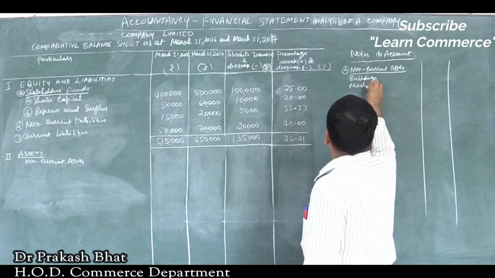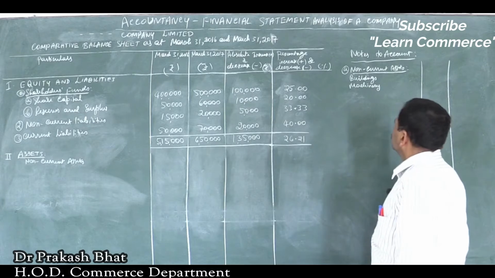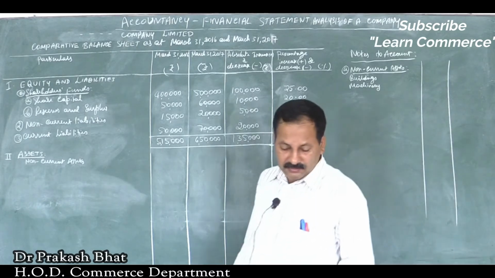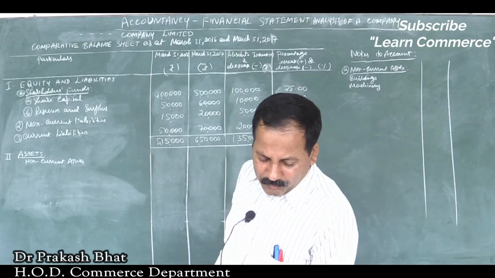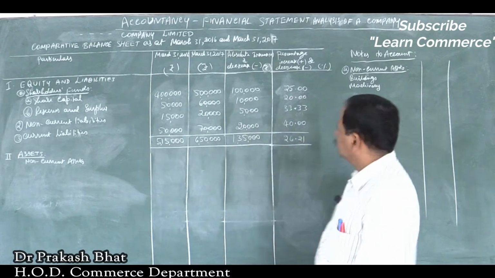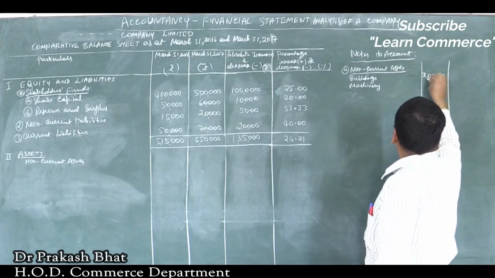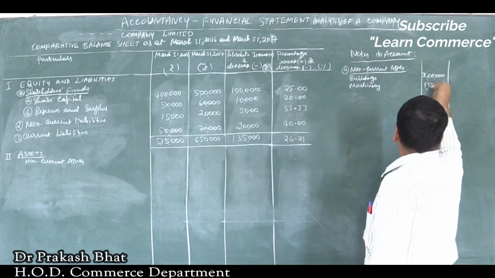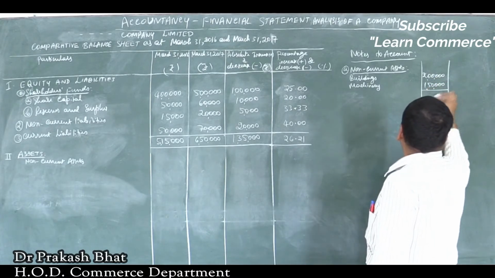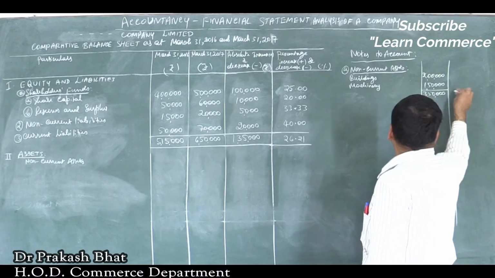You have to take the total of both the years, isn't it? 2 lakh and 1,50,000. Then this is 3,50,000. Correct.